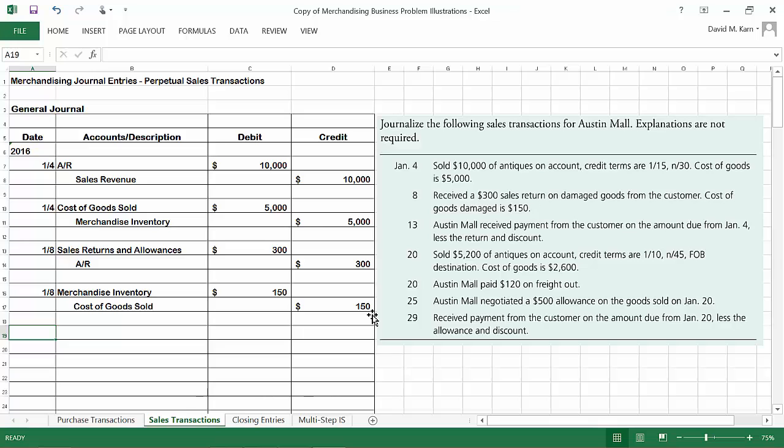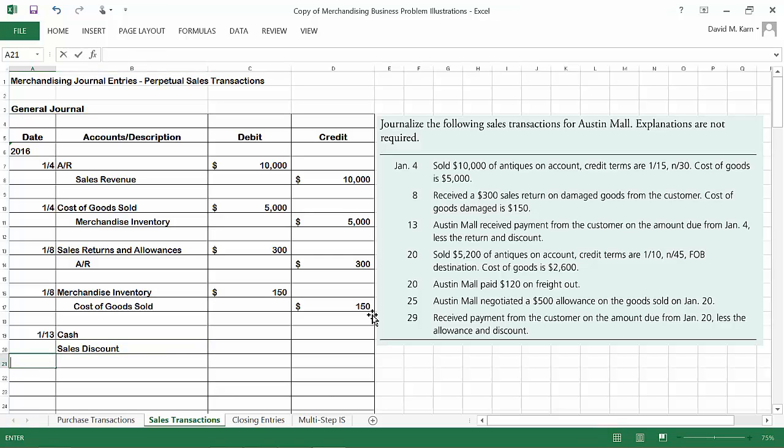Okay, then on the 13th, it says that we received payment from the customer on the amount due from January 4th, less the return and the discount. So on 1/13, we know cash is coming in. If we go back to the 4th, we know they paid within 15 days, so they will get a sales discount, so we have to debit that because this is on something that we sold.